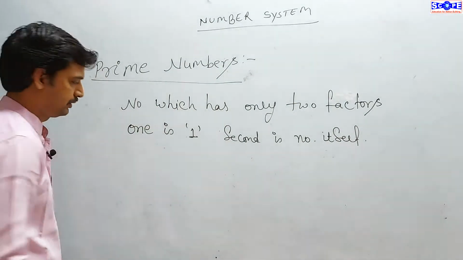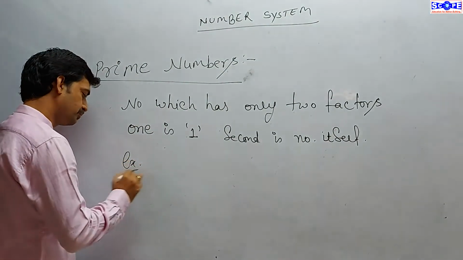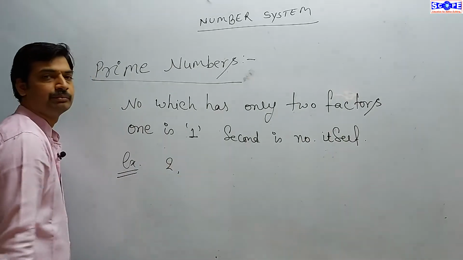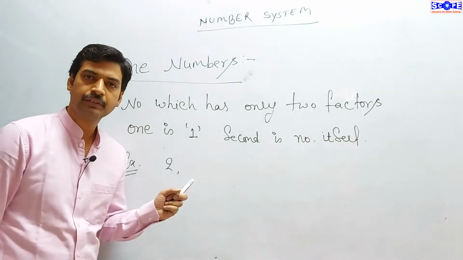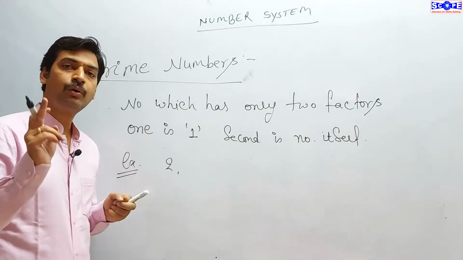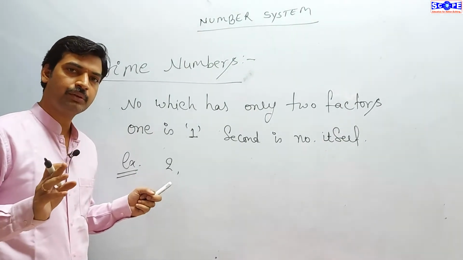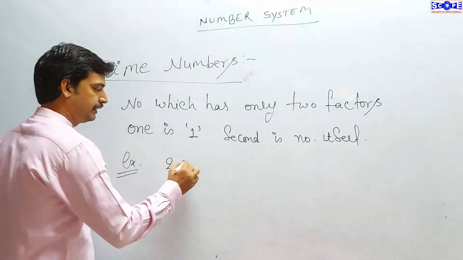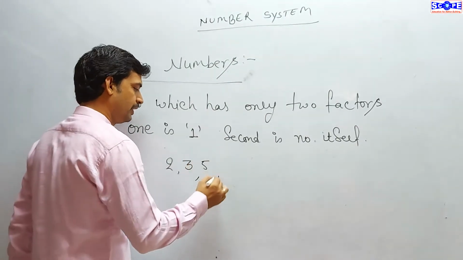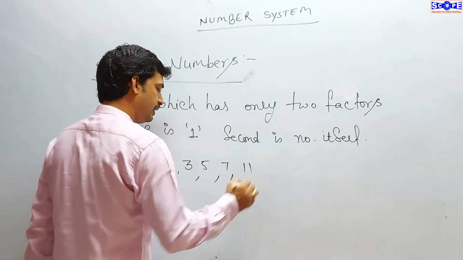This is called a prime number. For example, 2 is the first prime number, and one more property attached with 2 is that it is the only prime number which is even. Again, next ones are 3, 5, 7, 11.